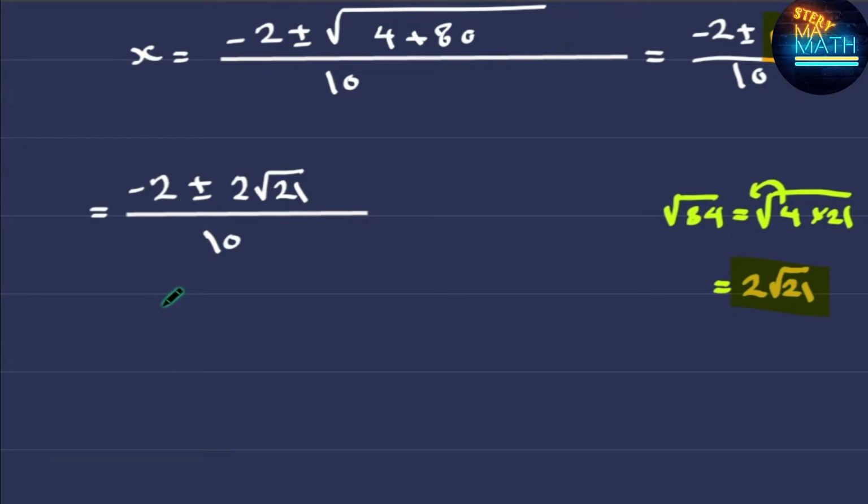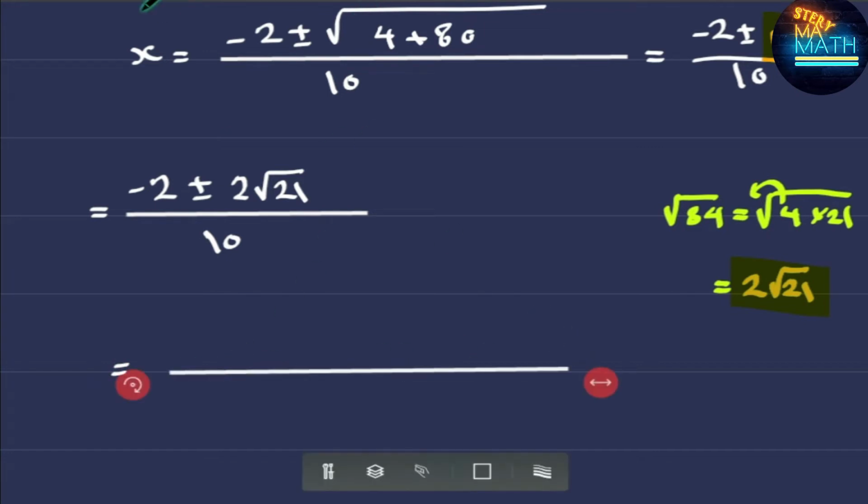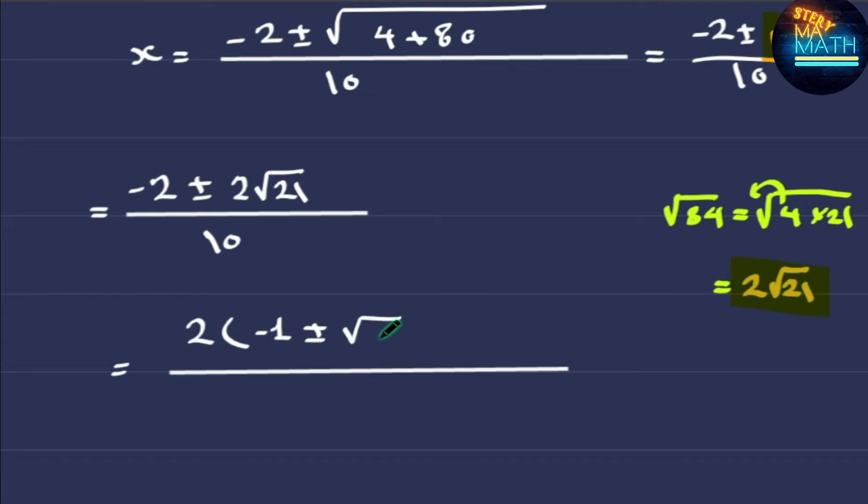Now we can simplify by getting 2 out as a factor, so 2 out of the parentheses, and then divide each term by 2. Negative 2 divided by 2 is negative 1, plus or minus 2 square root of 21 divided by 2 is the square root of 21. 2 and 2 cancel each other out. Divided by 10.